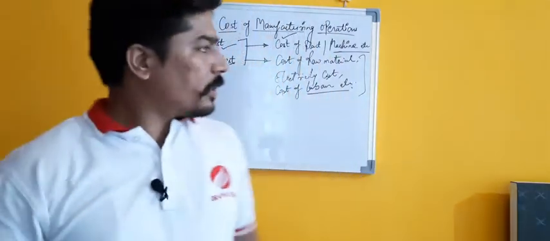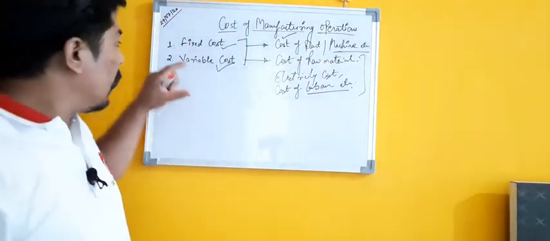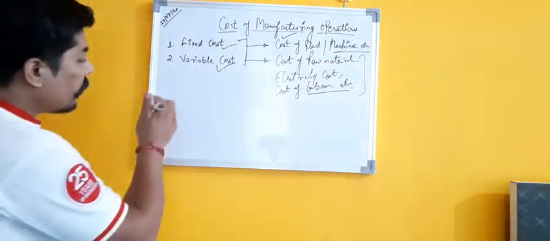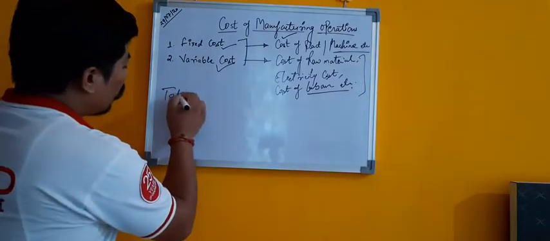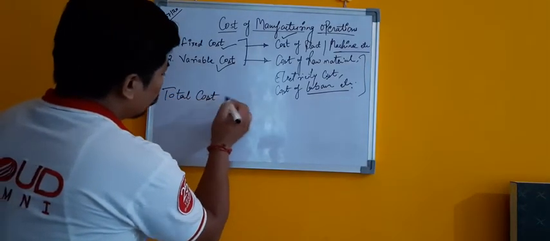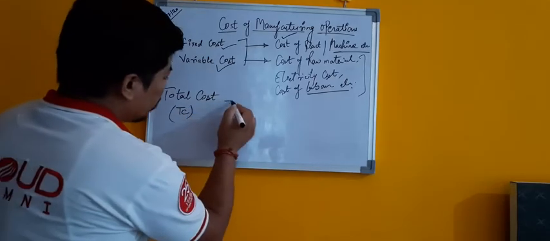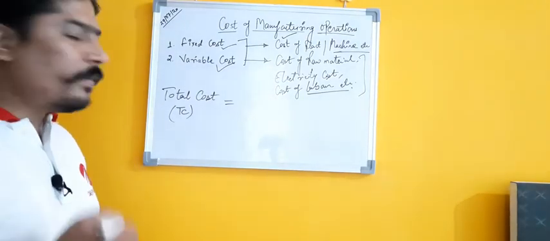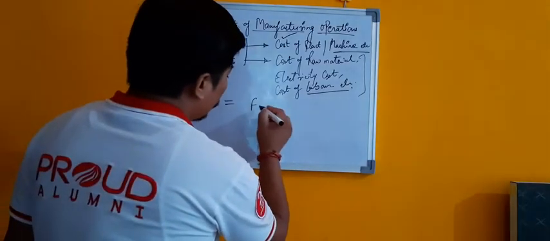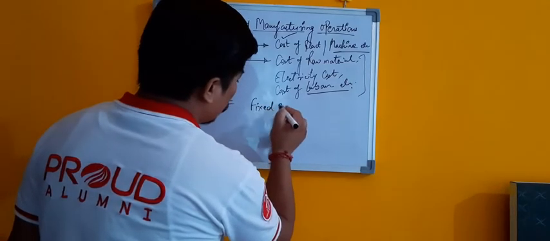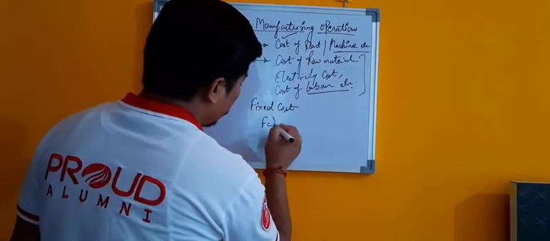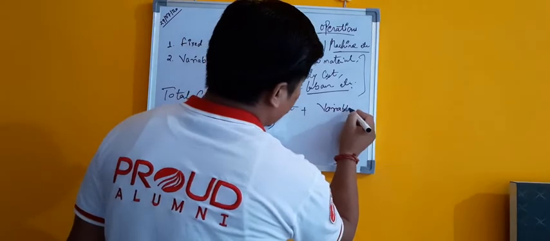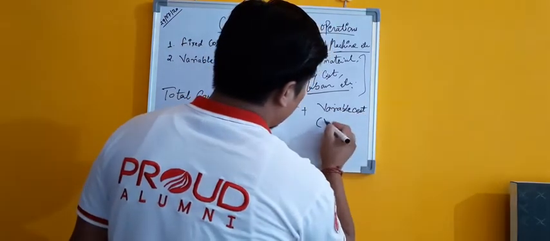So my dear students, these are the two very important cost parameters from the point of view of cost of manufacturing operations. Now if we are going to calculate the total cost, which is denoted by TC, the total cost of any product in a manufacturing facility will be equal to your fixed cost, denoted by FC, plus variable cost, denoted by VC.